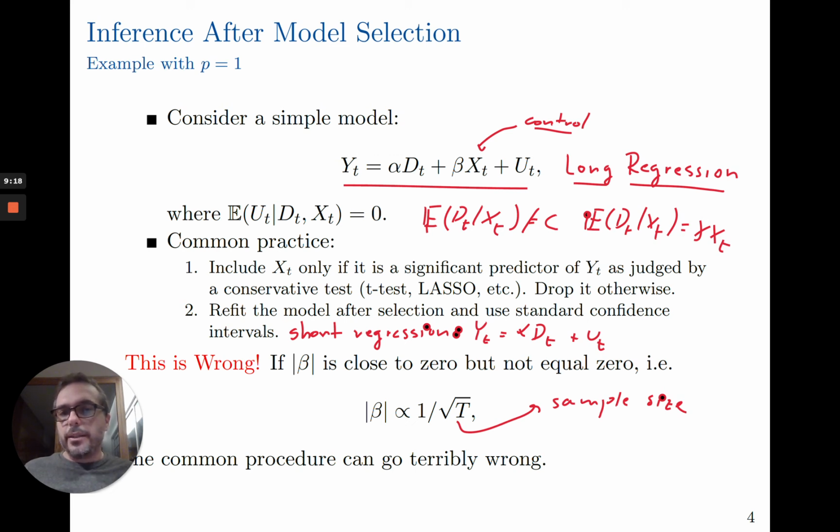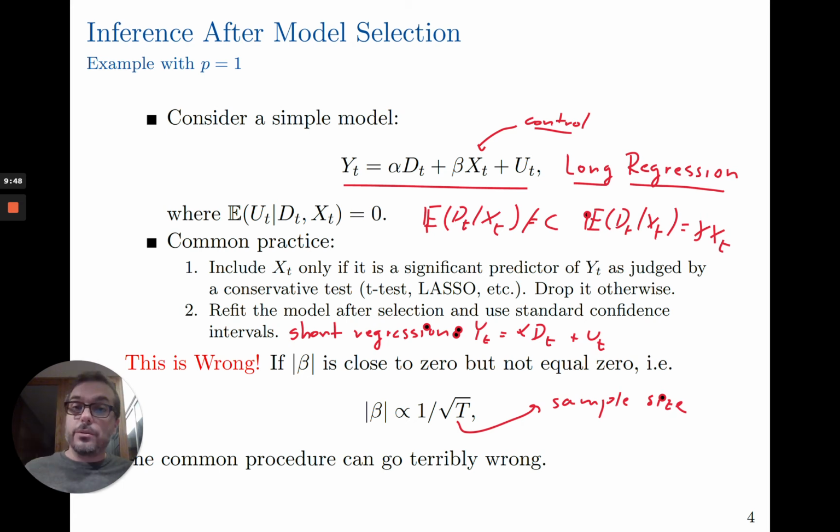So if you omit this variable, we are going to have omitted variable bias if beta is different from 0. That's the traditional omitted variable bias that we see in any econometrics textbook. In your first course in econometrics, you're going to learn about the omitted variable bias.